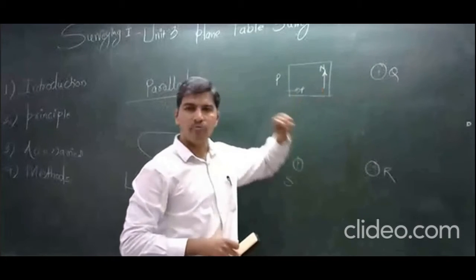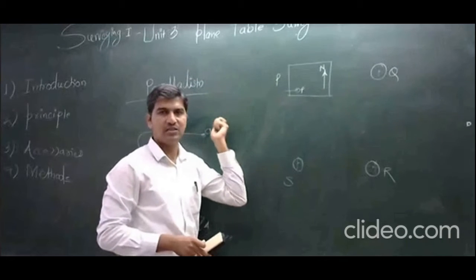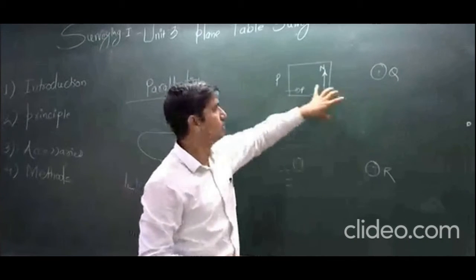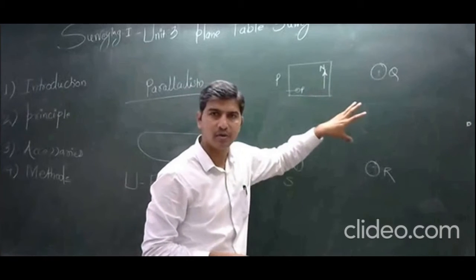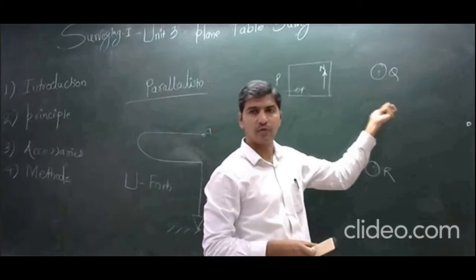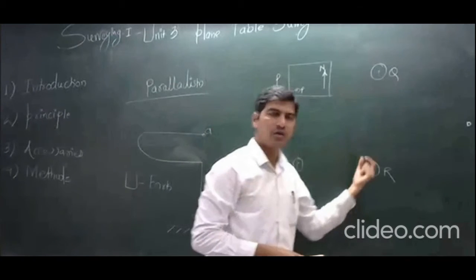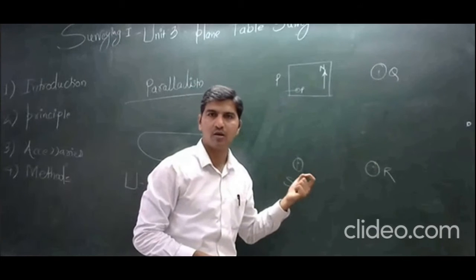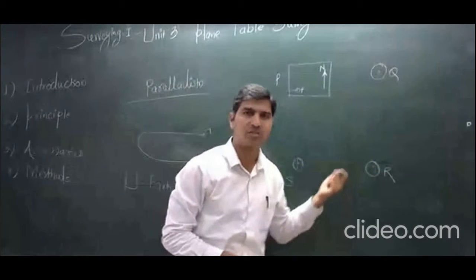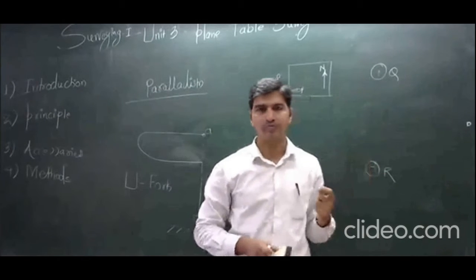The principle of plane table is parallelism. If you don't keep that principle, or if you don't keep the parallel positions of your plane table, whatever results you get will not match the points on the ground.